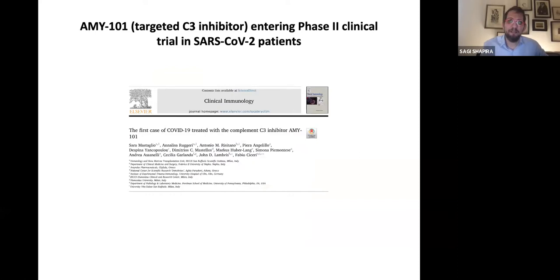This slide is a bit old, but one of the things that this has motivated is the use of small molecule inhibitors that were initially developed for other complement-associated diseases, now being used in COVID patients. And the results are quite remarkable.